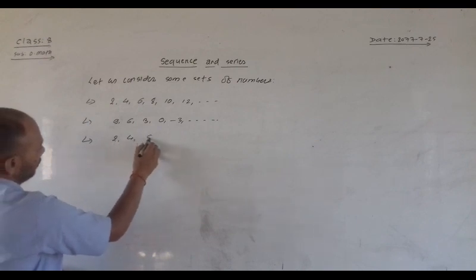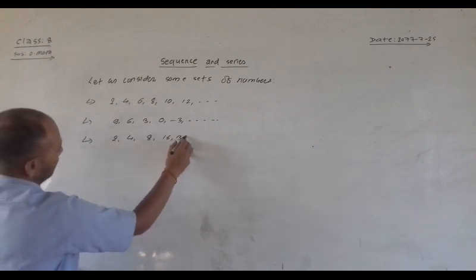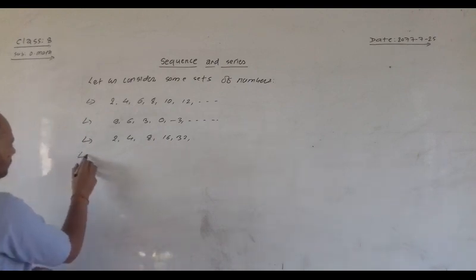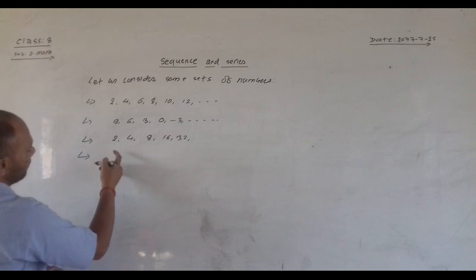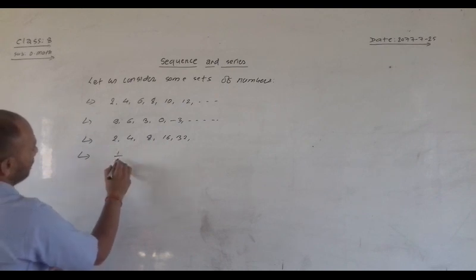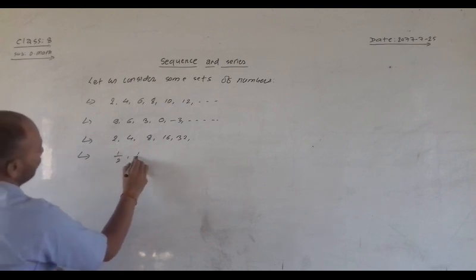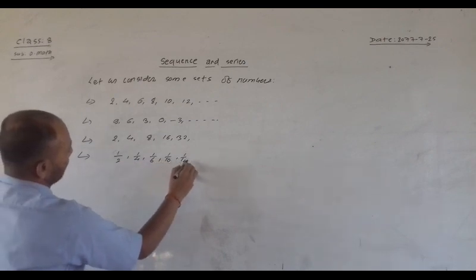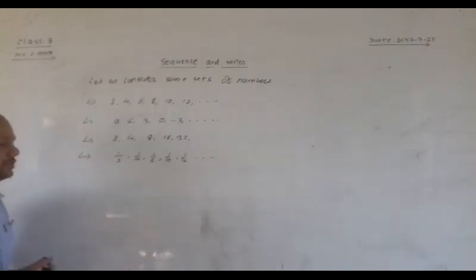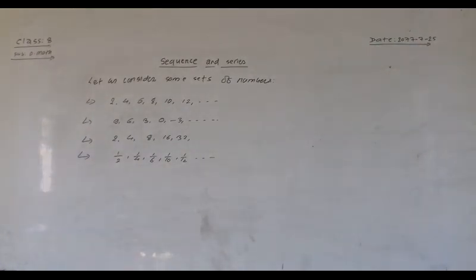Then 2, 4, 8, 16, 32. And 1 by 2, 1 by 4, 1 by 6, 1 by 10, 1 by 12. These all are sets of numbers.